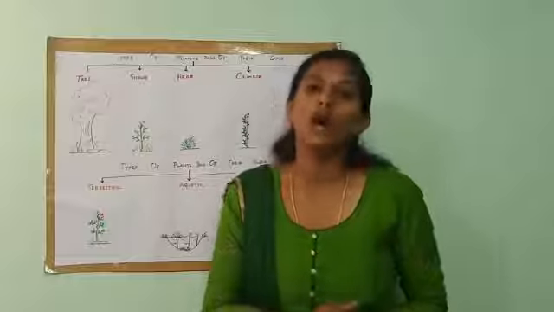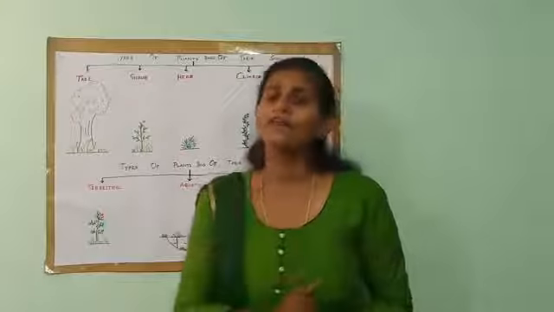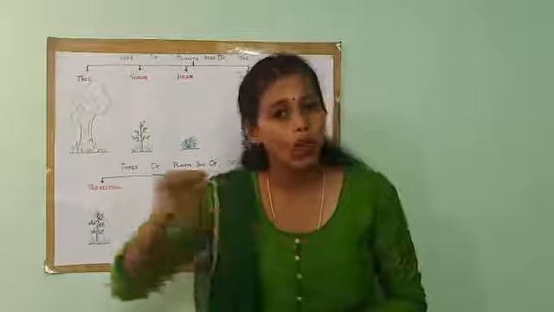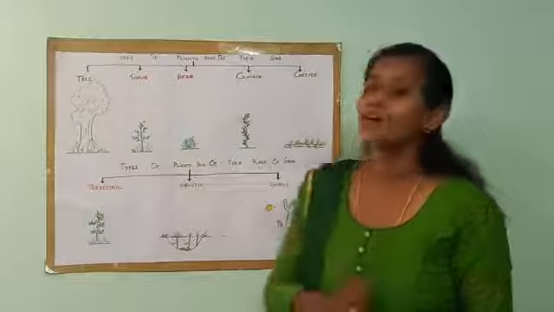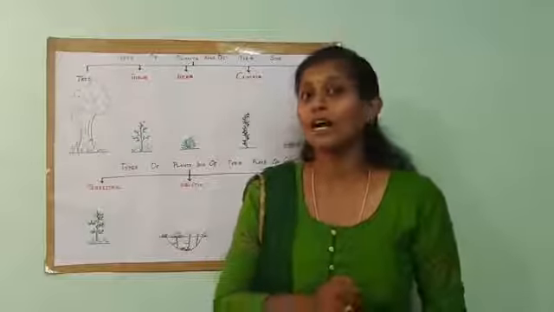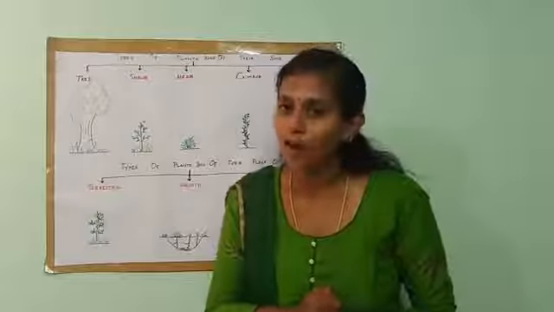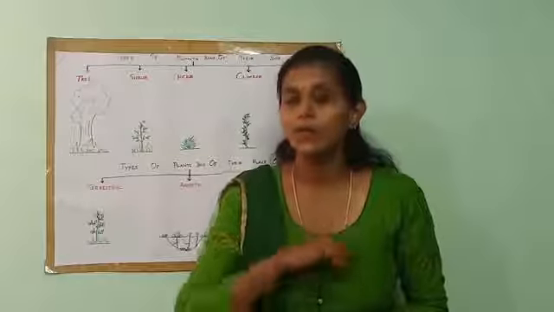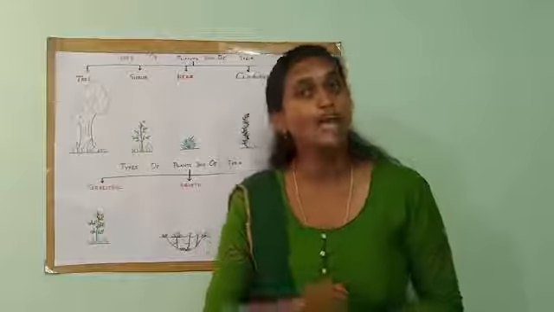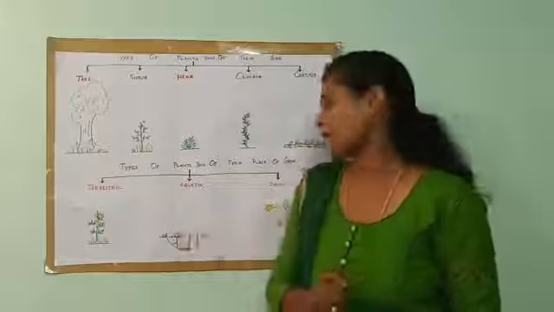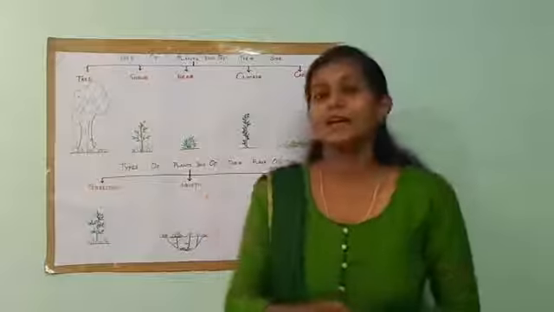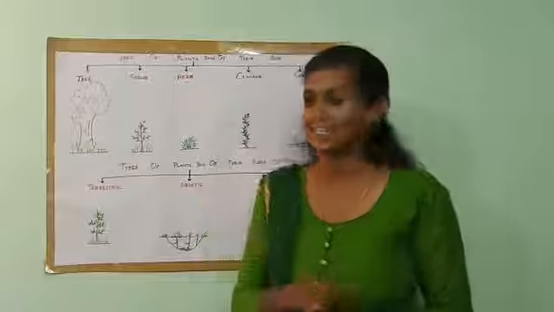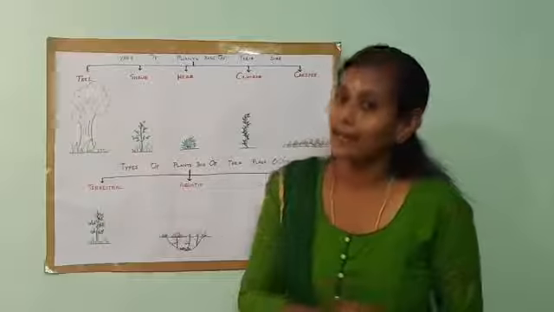Plants that live in water are called aquatic plants. Examples of aquatic plants are lotus and lily. It's a very nice flower, isn't it? Lotus and lily are all aquatic plants.